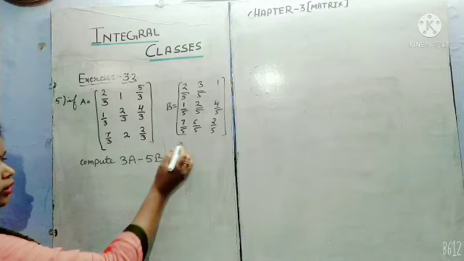And minus 5 times B, where B is given as 2 by 5, 3 by 5, 1, 1 by 5, 2 by 5, 4 by 5, 7 by 5, 6 upon 5 and 2 by 5.